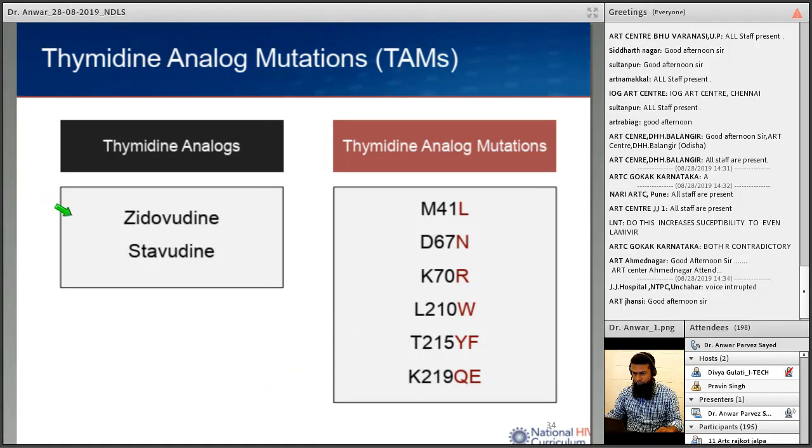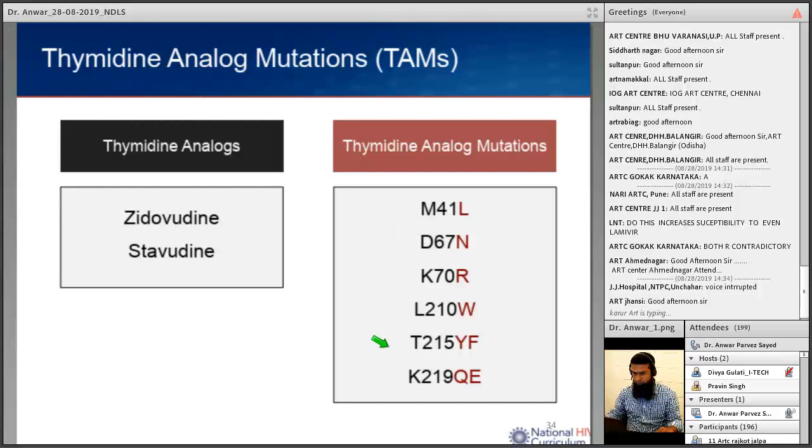Now, if you look at the other drugs, some might have heard of TAMs, or thymidine analog mutations. Zidovudine and stavudine are thymidine analogs, and the mutations which develop for these two drugs are called thymidine analog mutations.